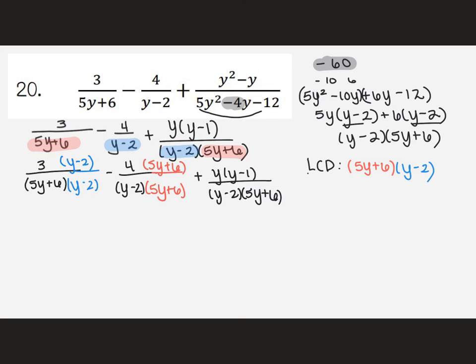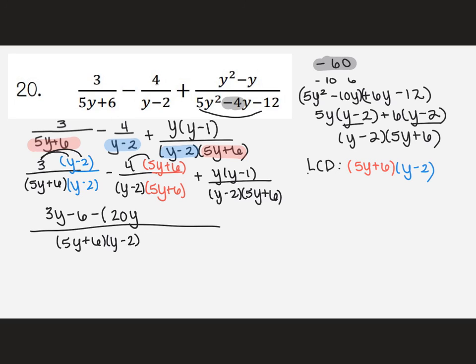Then I'm going to rewrite, and I'm going to distribute as I rewrite just to save steps. So I would have 3y minus 6 minus, and since I'm subtracting, I want to keep this in parentheses, 20y plus 24 plus y squared minus y.